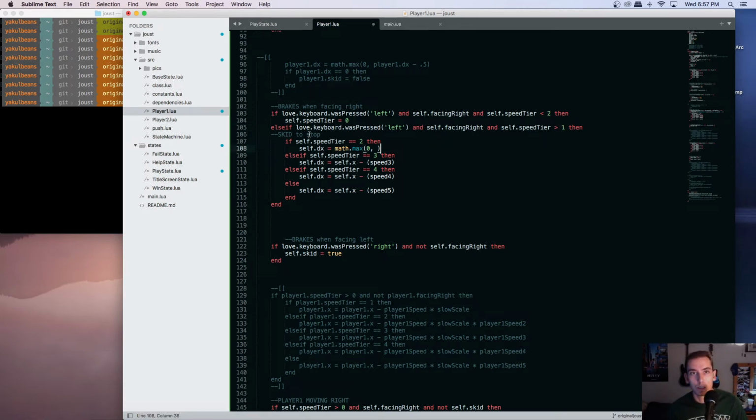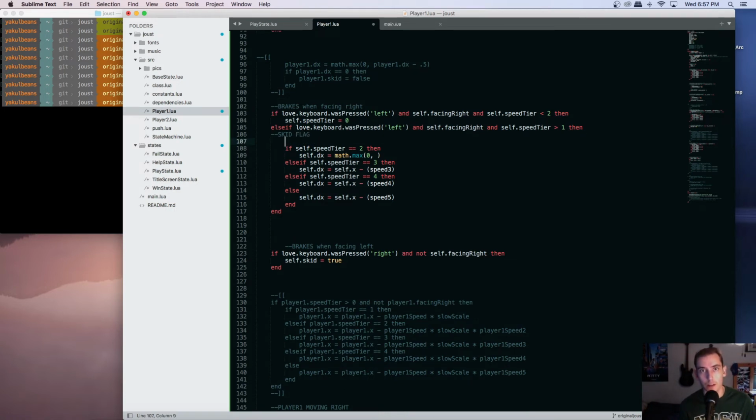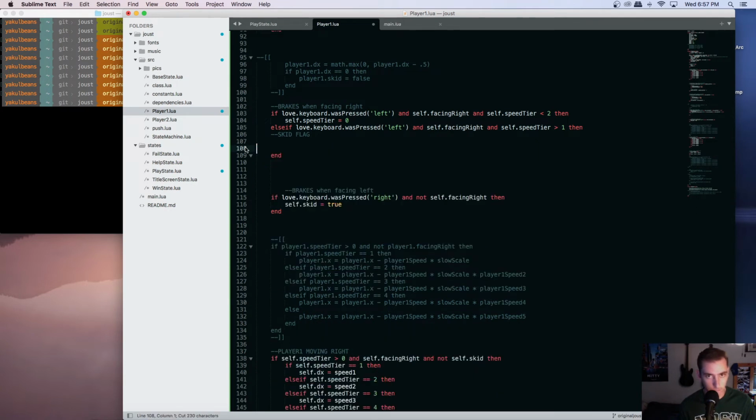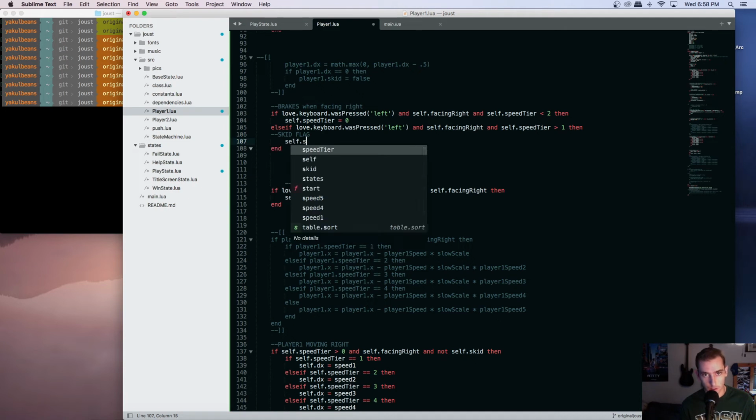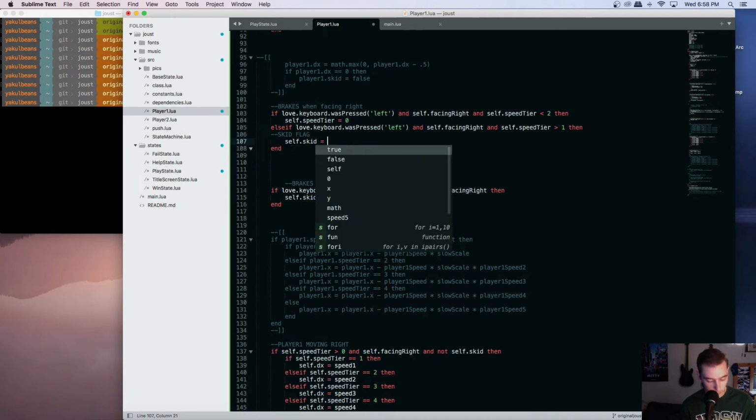We need to just say that this is the skid flag. And we're going to say none of this just yet. We're just going to say if left was pressed and it was in a skid tier, meaning 2, 3, 4, or 5, then we're going to set skid to true.